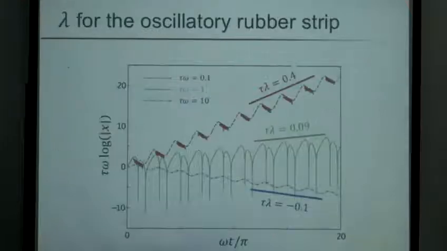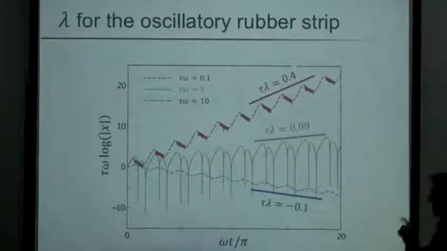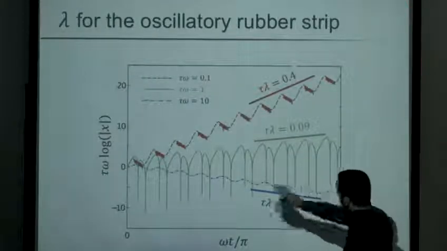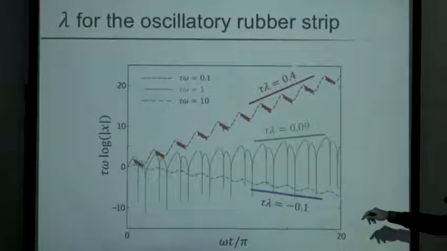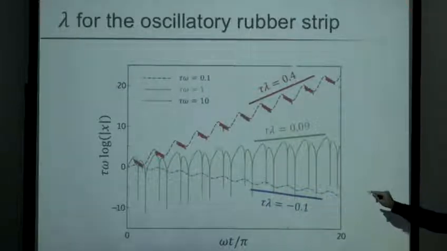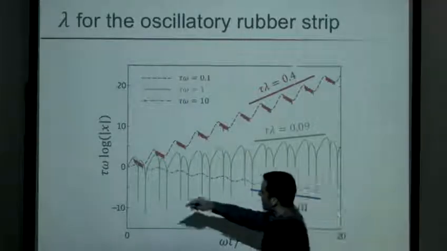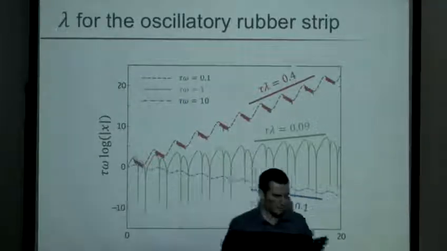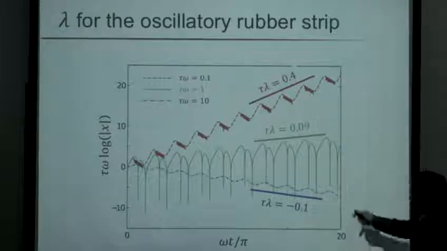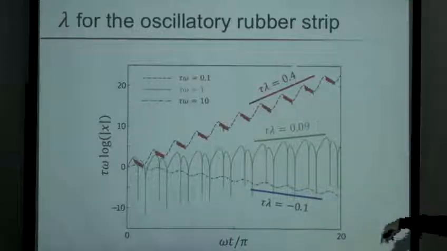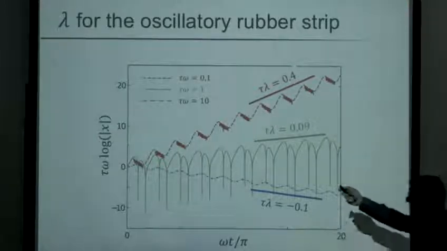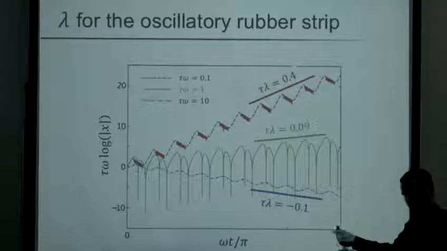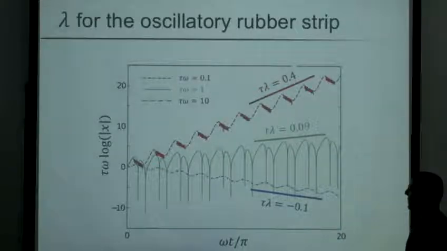Now, one more point. The behavior that you would observe is indeed very complex. So here, what I'm showing you is the logarithm of the distance between those 2 rings as a function of time for a system where the mass of the rings is the same, the friction coefficient is the same, everything is the same, but the only thing that is changing is the frequency at which I'm oscillating the rubber band, right?